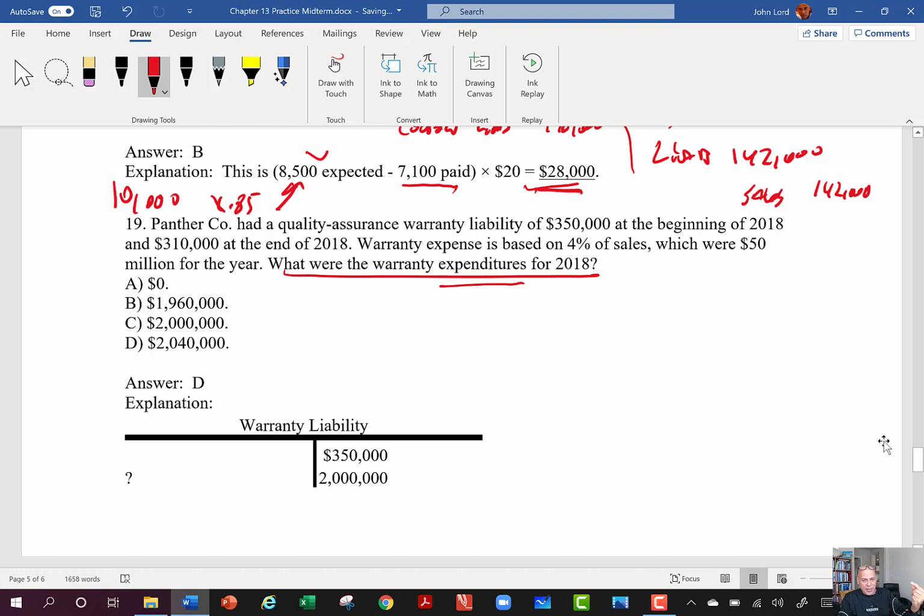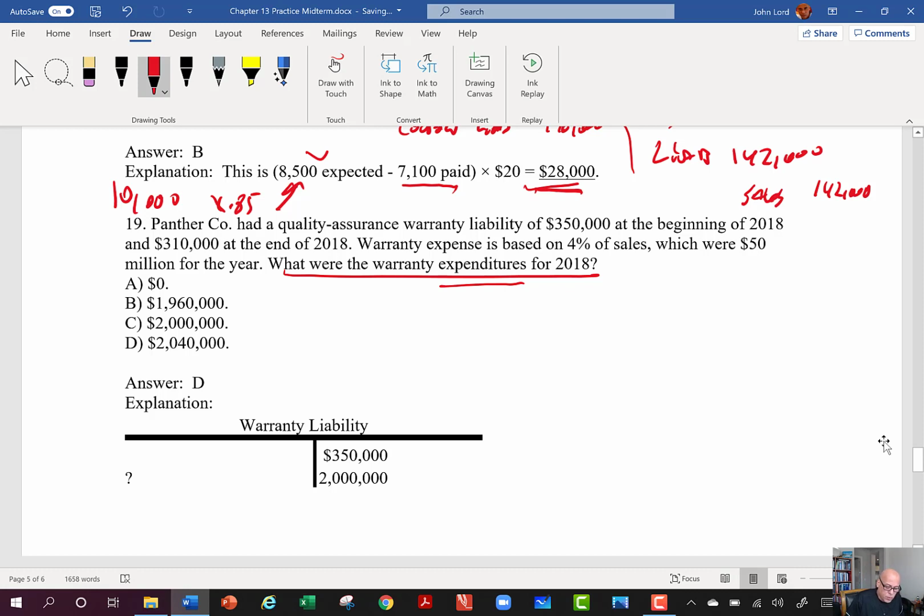You debit an asset account, not an expense account, say 100,000, and you credit cash 100,000. Your expenditure on that was 100,000. Your expense is not the 100,000. You put that in an asset account. So they're not asking you for the expense here. They're asking you for the expenditure, what cash was paid out in honoring these warranties.